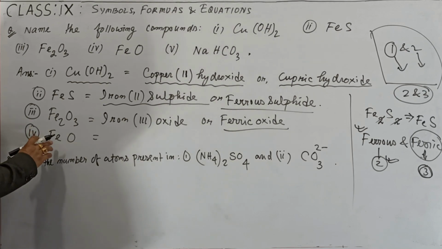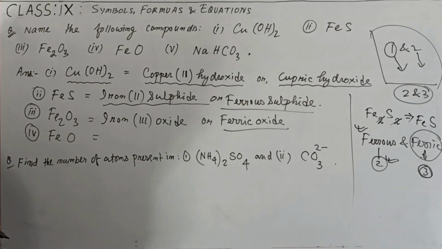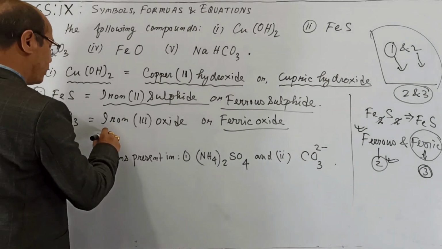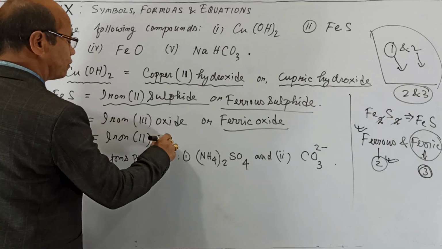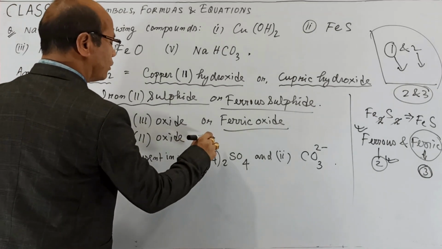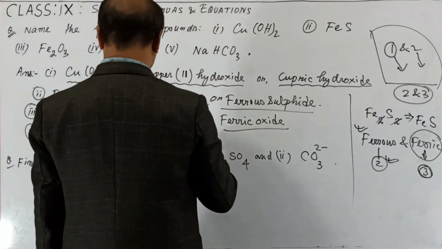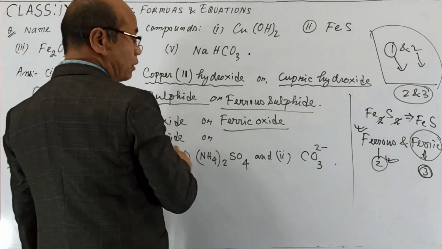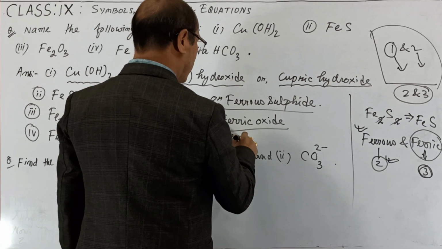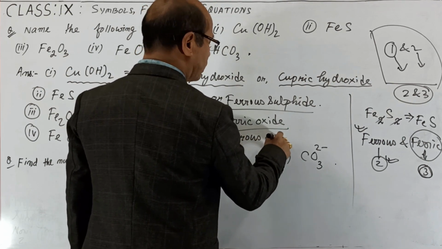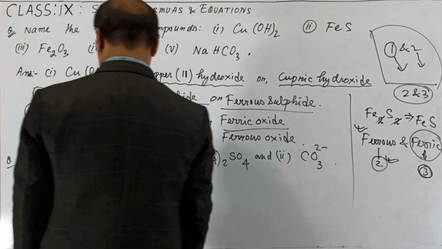So in this case the iron that we use is of valency 2. Then how will you write? Iron 2 oxide. Or another name is, since valency is 2, it is lower valency, so we have to use the word ferrous. F-E-R-R-O-U-S, ferrous oxide. Like this.